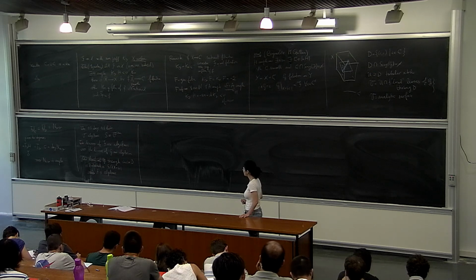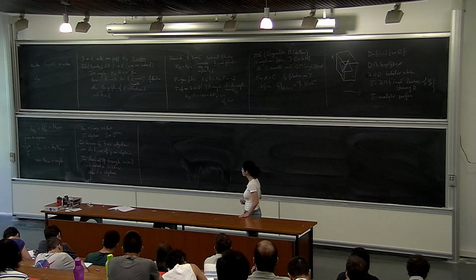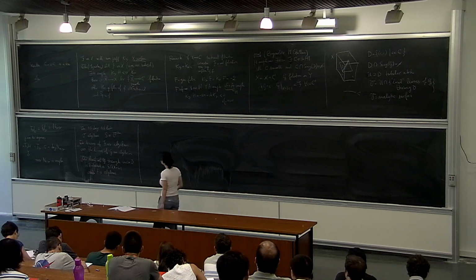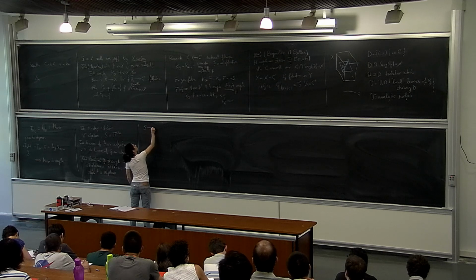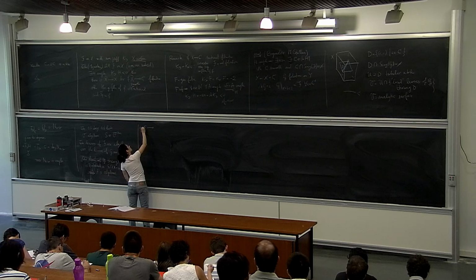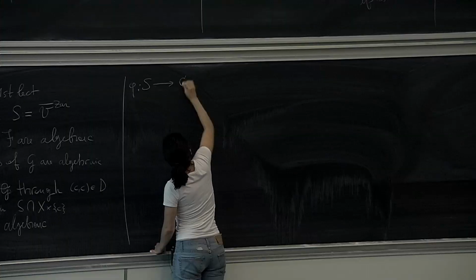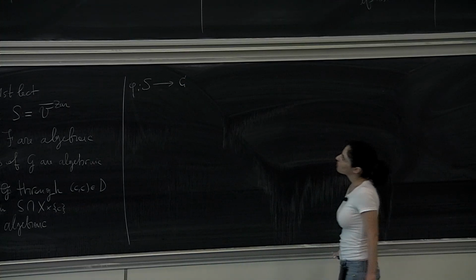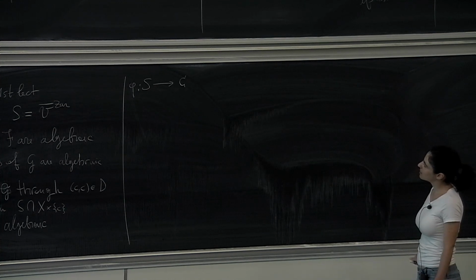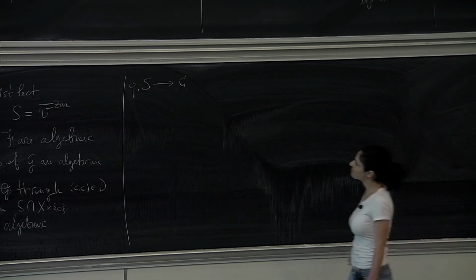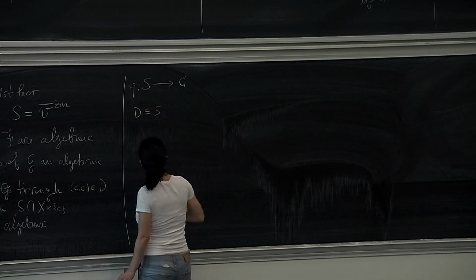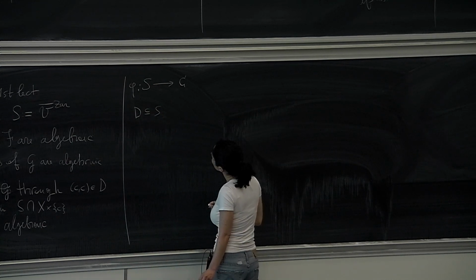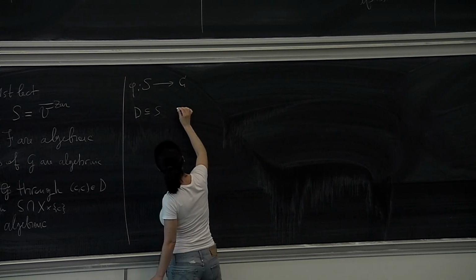So now, why are they rational? We have a fibration from S to C, and we have a divisor D in S, which is, well, almost ample.